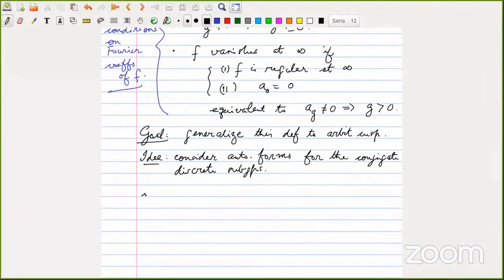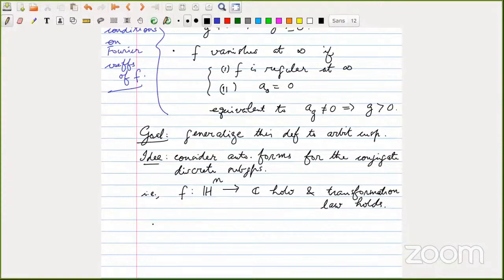So if I have f from H to the n to C, which is holomorphic and satisfies the transformation law, which means that f of mz equals N of cz plus d to the 2r times f of z.